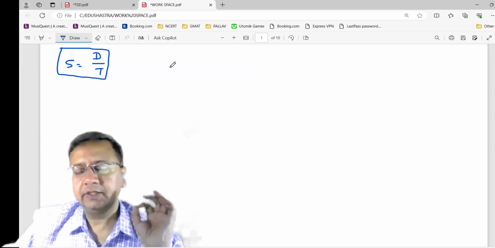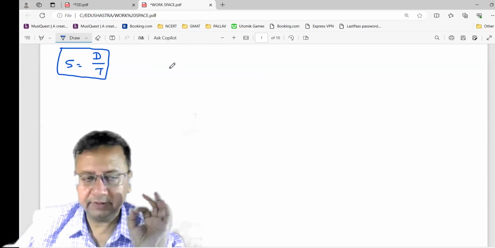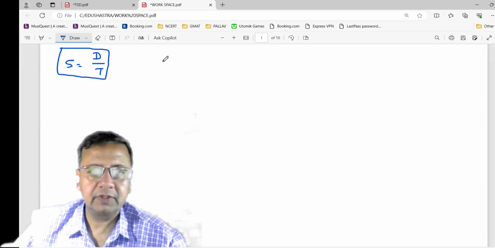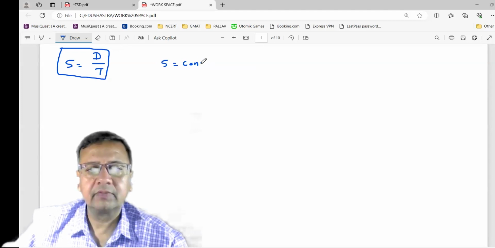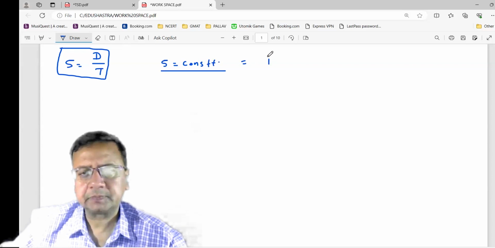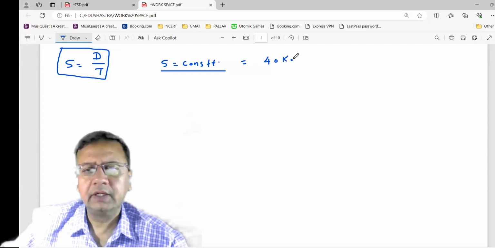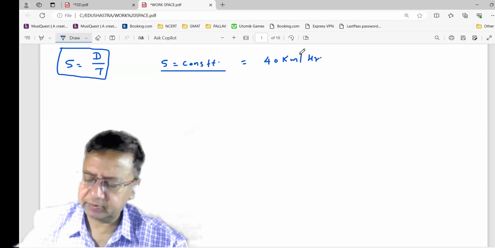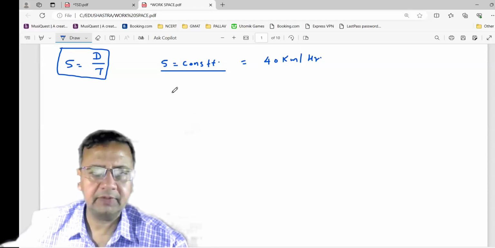So one major part is proportionality, right? And this is what, suppose speed is constant. I take 40 kilometer per hour, right? If you fix it, you will be moving with a speed of 40 kilometer per hour.